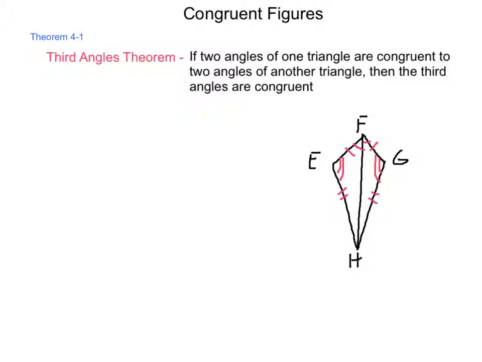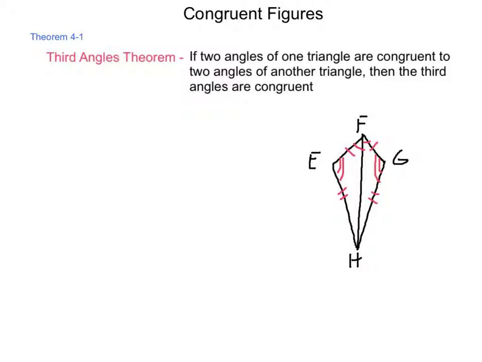The justification of this comes from the angle sum theorem, because if two angles in one triangle add up to, say, x degrees, then the third angle is 180 minus x. So if both pairs of two angles in two different triangles add up to x, then both of the remaining ones would be 180 minus whatever that x value is.